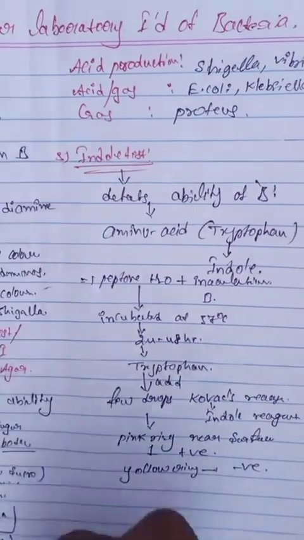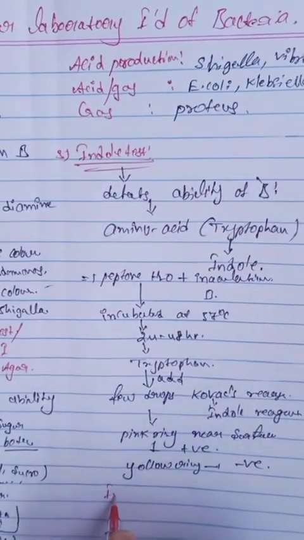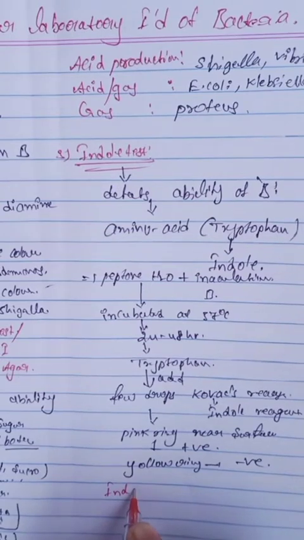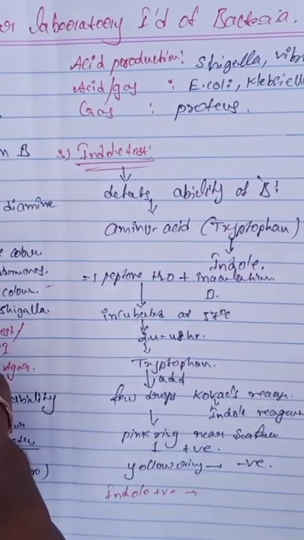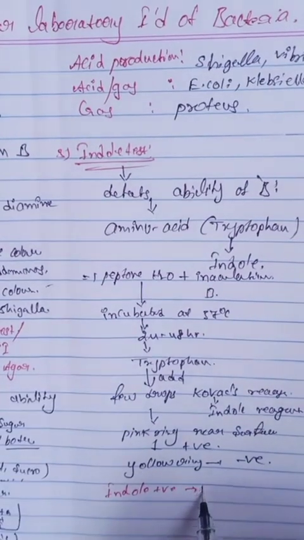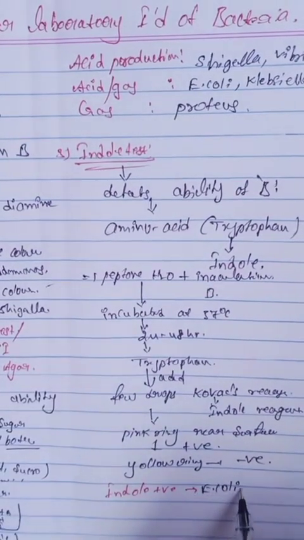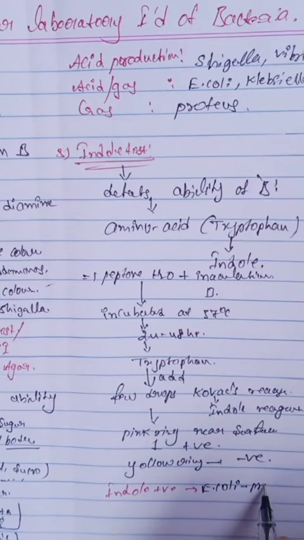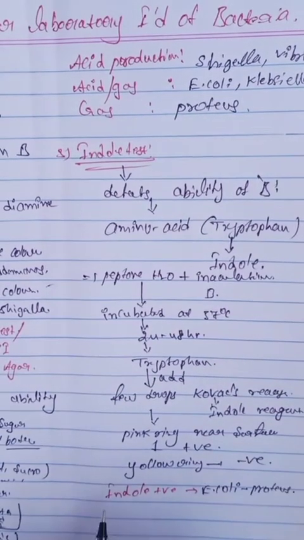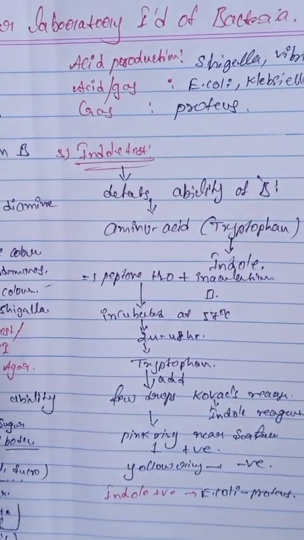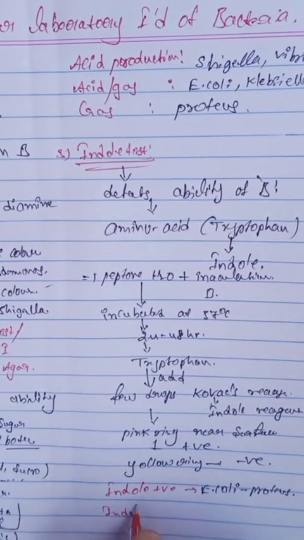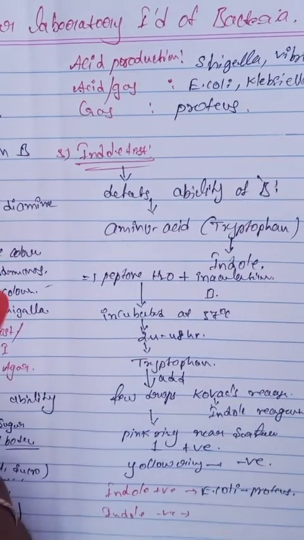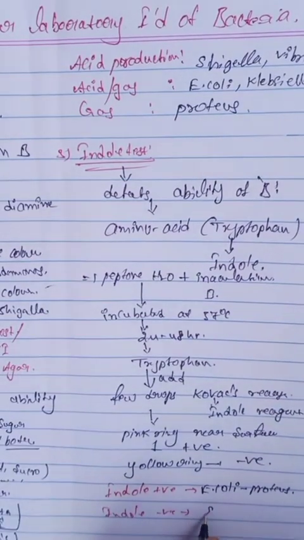Examples of indole positive reaction are Escherichia coli, Proteus, and so on. The next one, indole negative, an example is Salmonella.